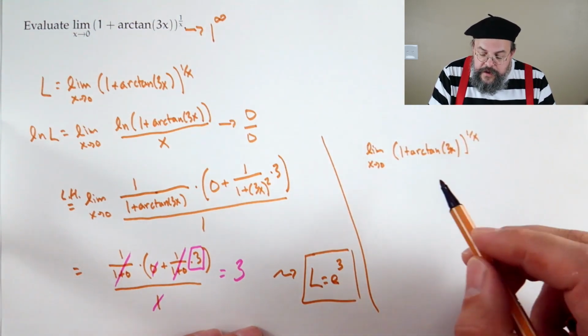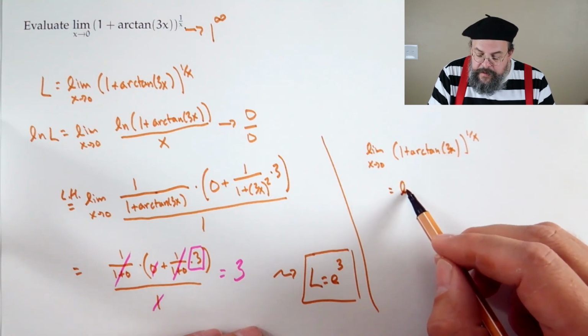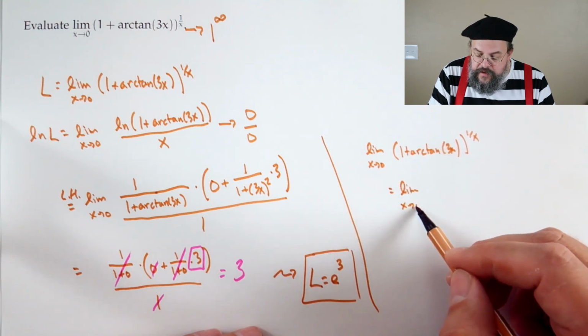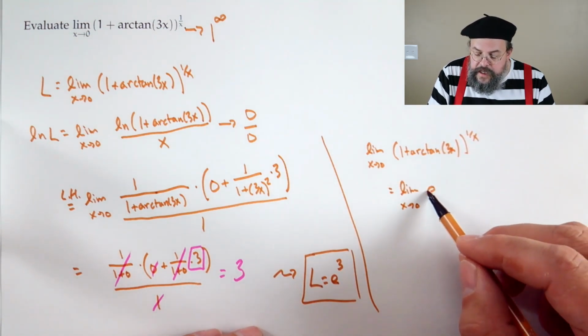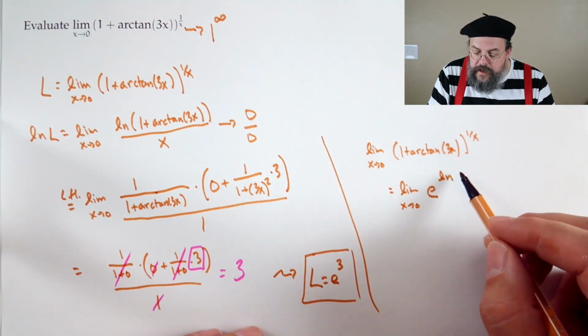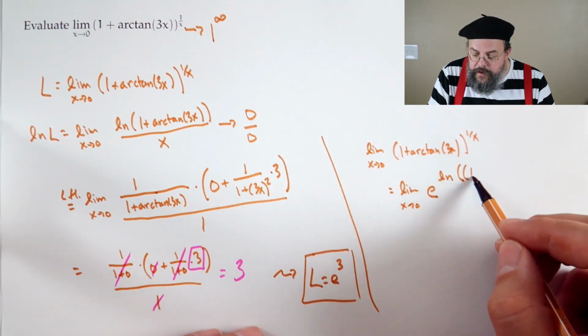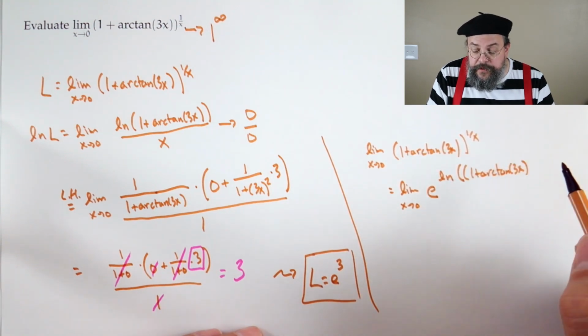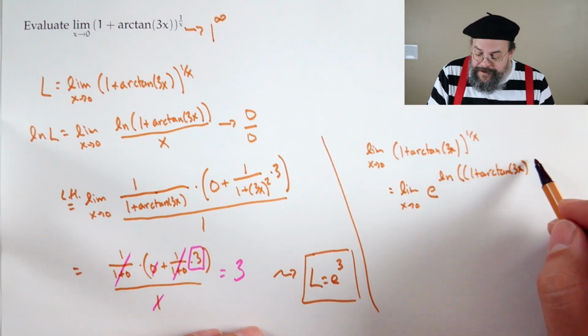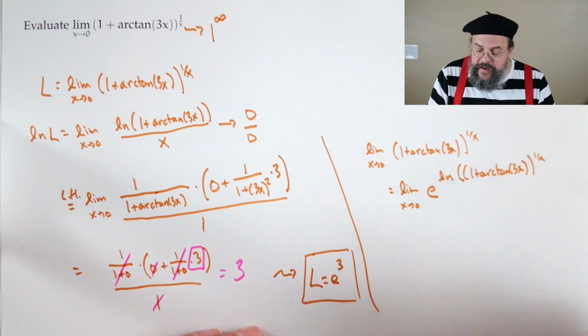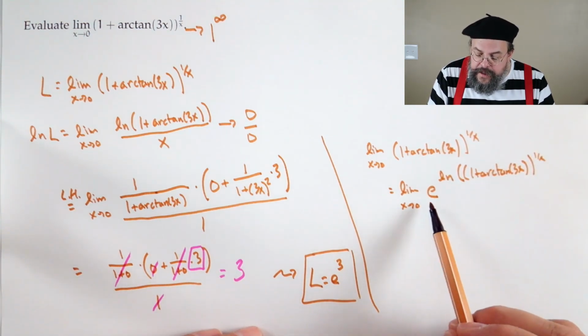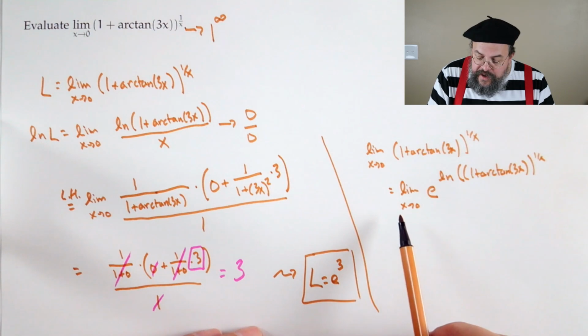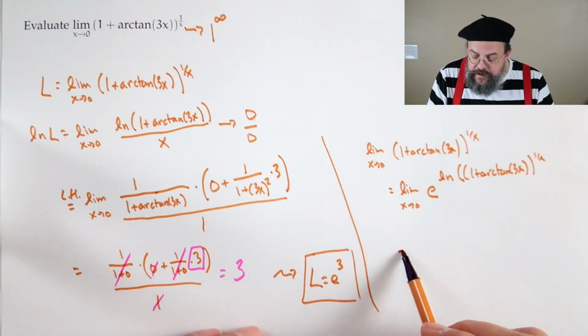So what I'll do is I'll say, hey, this is the same as the limit as x goes to 0 of e to the log of 1 plus arctangent of 3x. I don't want to make that mistake. To the power of 1 over x. And now you say, hey, e, it's a nice function, so I can pass the limit inside. It's a continuous function.